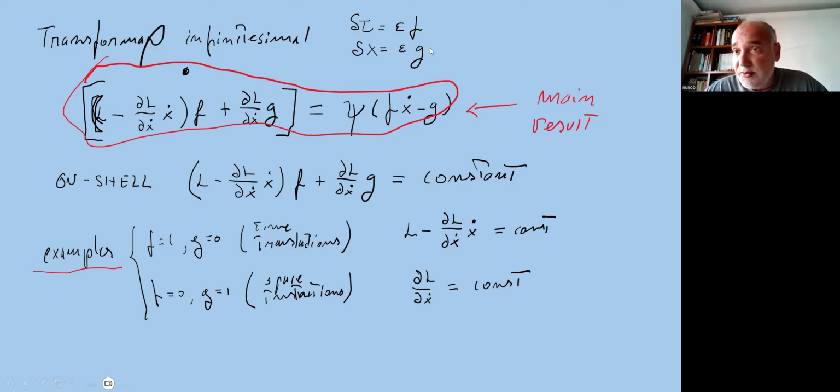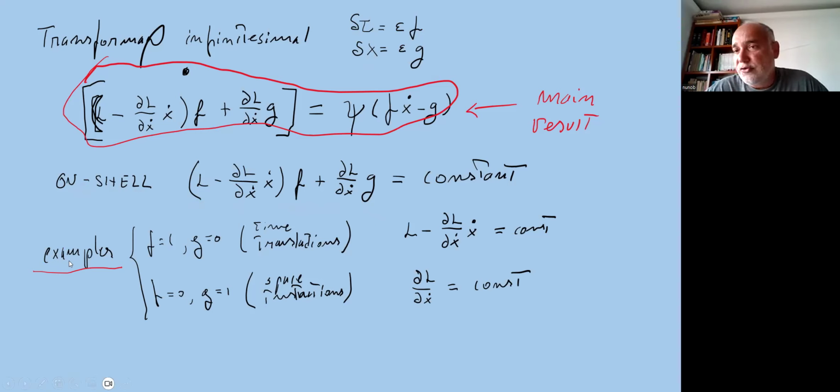But here I'm just simplifying to give an idea. So if you have here a variation in x, which goes with a small parameter epsilon, and in t likewise, then you get this. This means that because this is proportional to the equations of motion, on shell, this has got to be a constant if the action is invariant under these transformations.